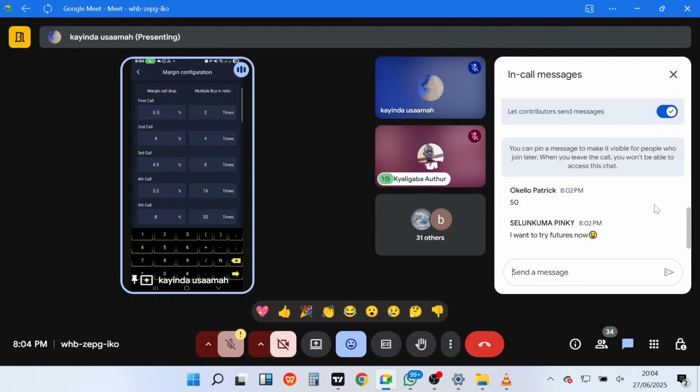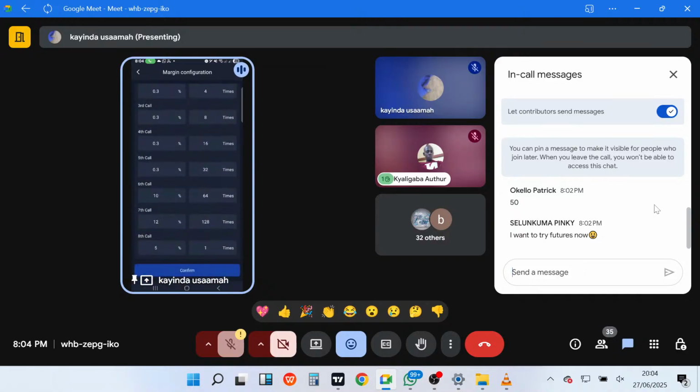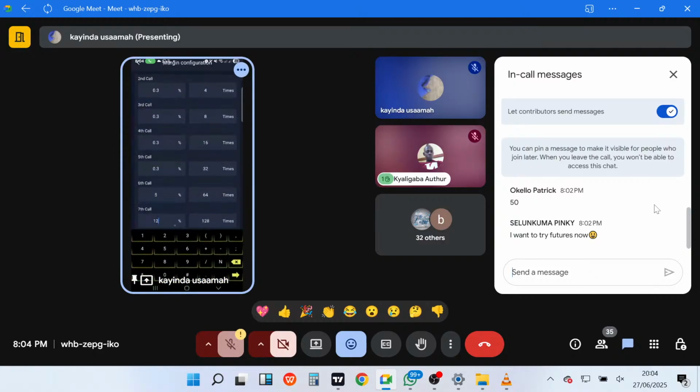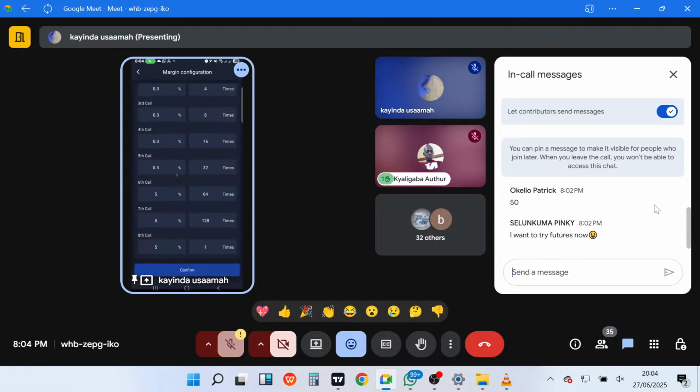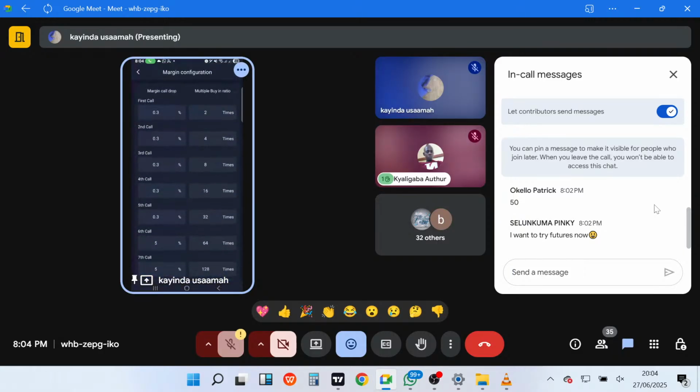The first margin calls, they buy very fast, so 0.3 for each. Now, the rest of the 3 margin calls, you can even give them 5%, because these are just insurance in case it goes totally against you. Now, what do you do here? Multiple buying ratio. You are buying half of the first buy amount, so put 0.5.